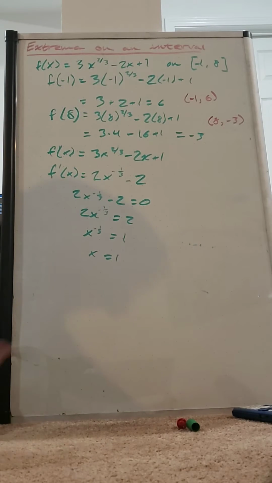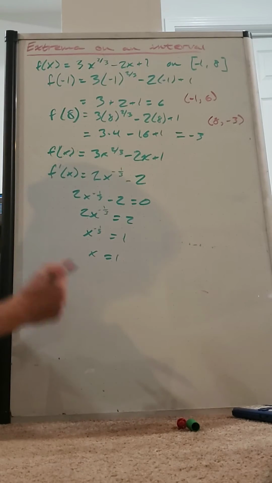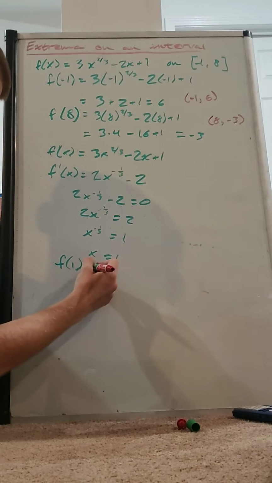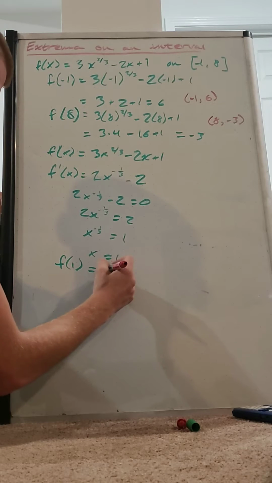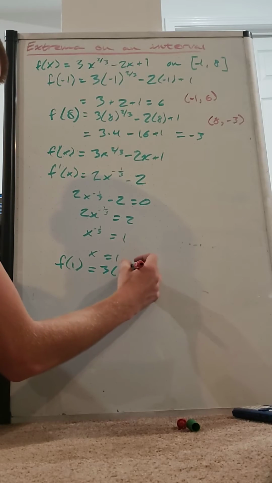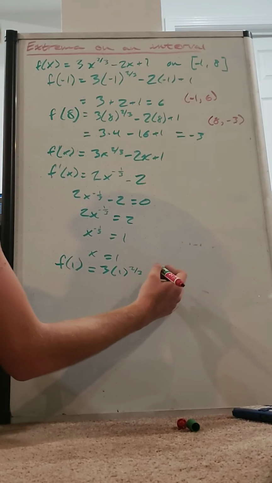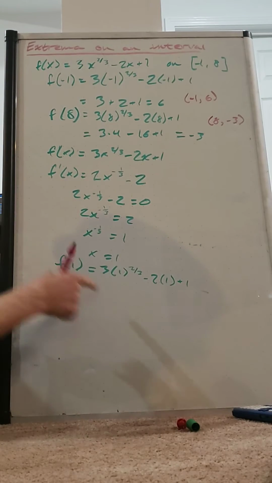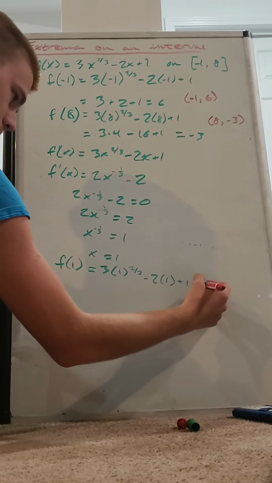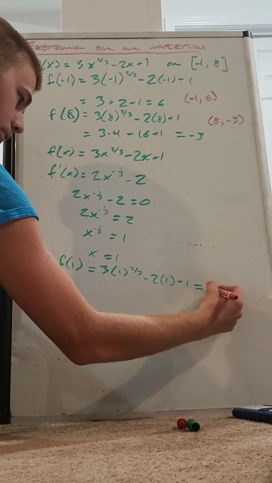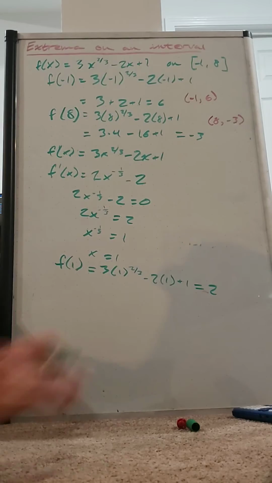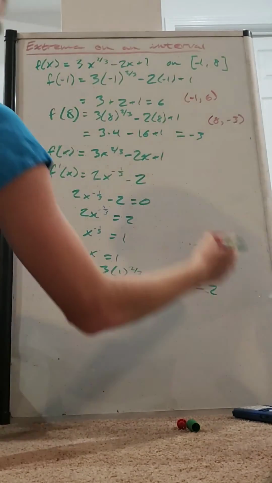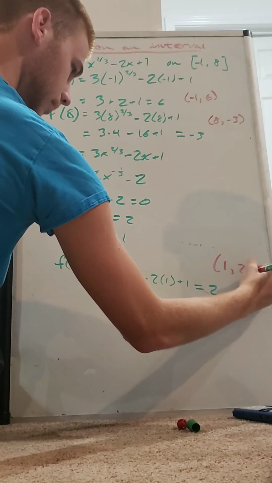And what we do here is plug this back into our function. So f of 1 is going to be 3 times 1 to the 2/3 minus 2 times 1 plus 1. And so this will be 3 minus 2 plus 1, which is equal to 2. And so that tells us we have a point on this function at 1, 2.